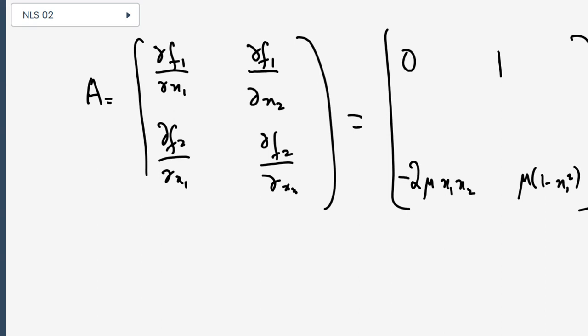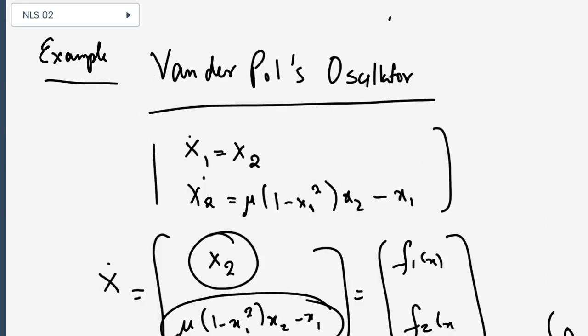So this is our A matrix, but this is given at x naught. Fine, we have to find it at x naught. So x naught is already equal to 0, 0. When we substitute x1, the derivative we found was minus 2 mu x1 x2 minus 1.